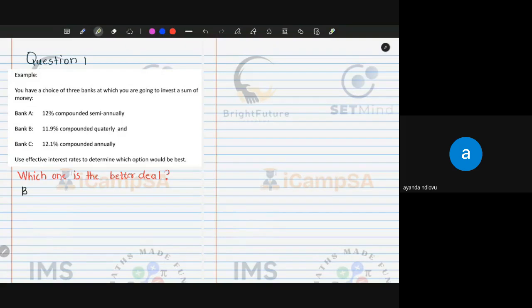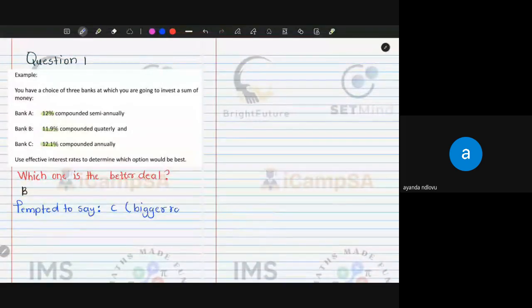So the problem here is if you look at these values, they are different. So another person who's looking at this would just say, I'm tempted to say that the better option here might be Bank C because I see a bigger rate.